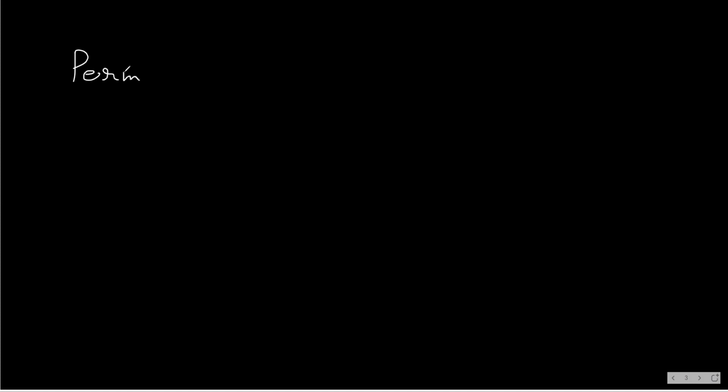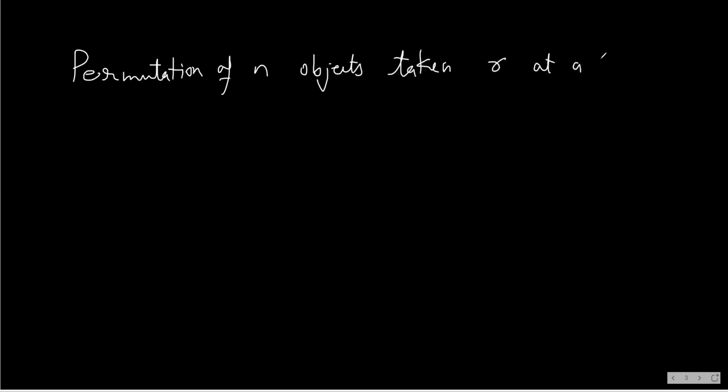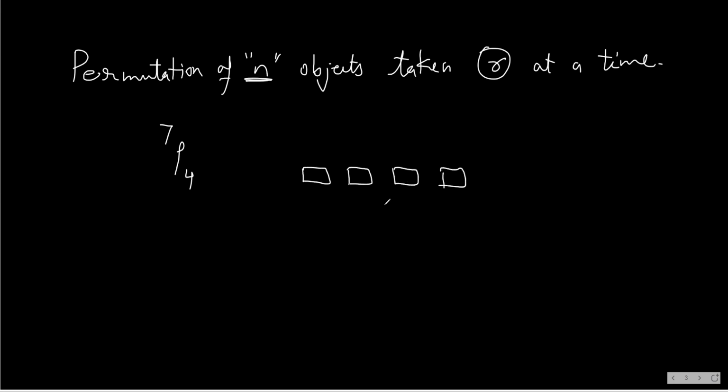We have done permutation of n objects taken r at a time. That is, n objects are given and I am arranging these n objects taking r at a time. Suppose I say 7P4. What does it mean? I'm given 7 objects and I'm taking 4 objects out of these 7 objects and arranging them. So this part is 7P4.